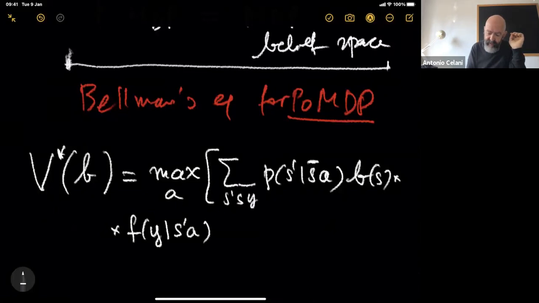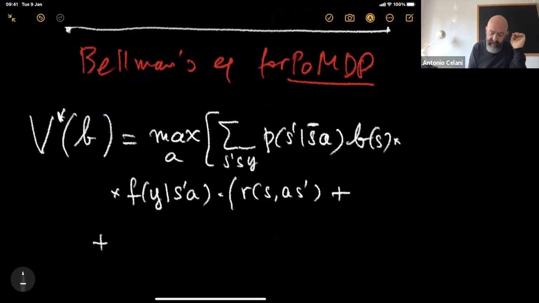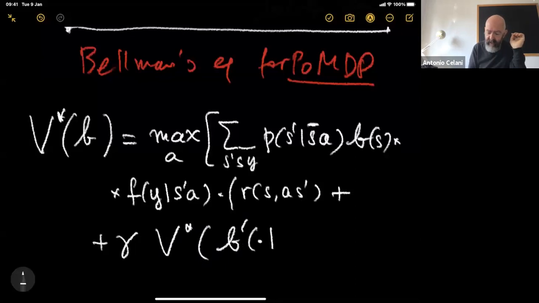And then you have something which is more familiar, that is R(S, A, S prime) plus what? Plus gamma. And here you have the value of the new state in the Bellman equation, right? But now it's not the new state, it's the value of the new belief. So it's V star of B prime given the action and the observation.